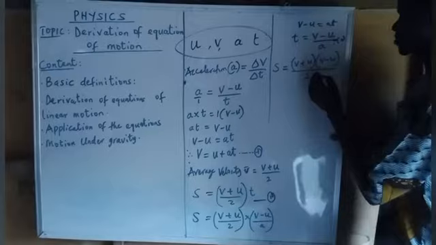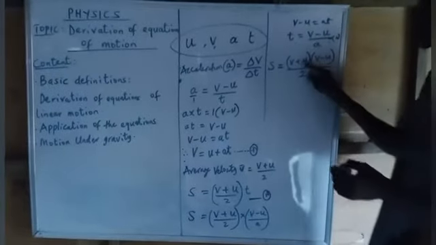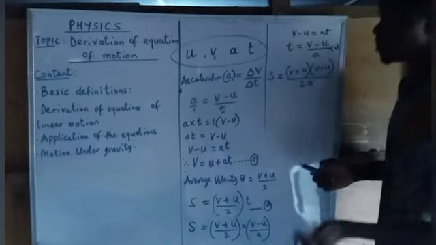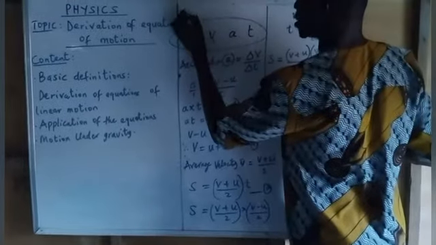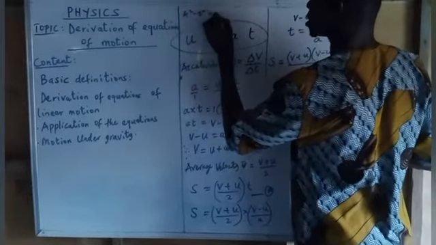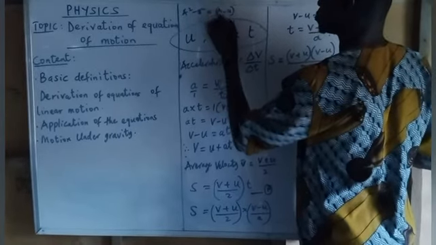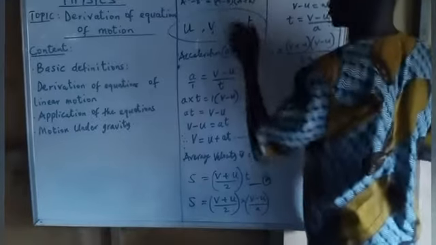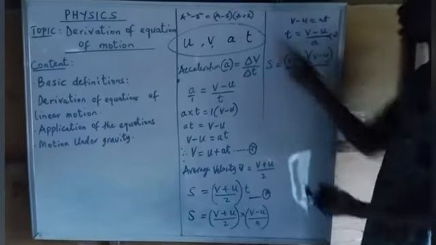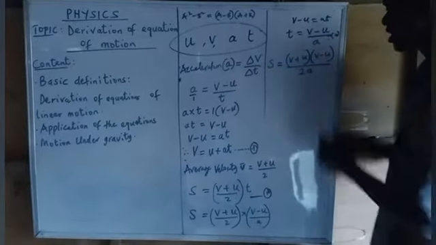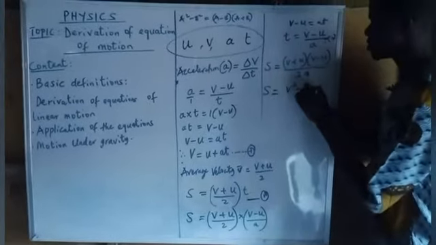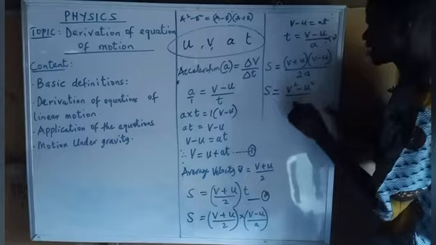Then, this expression is what we call the difference of two squares. Difference of two squares simply is that if we have A squared minus B squared, then it's going to give us A minus B into A plus B. So following the expression above, our S here is going to be V squared minus U squared divided by 2A.